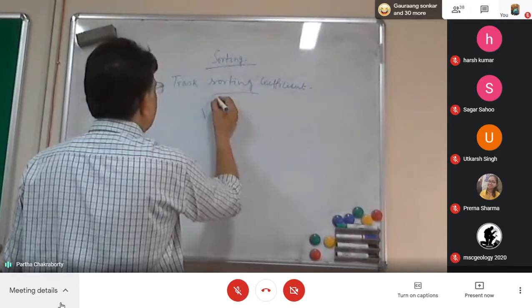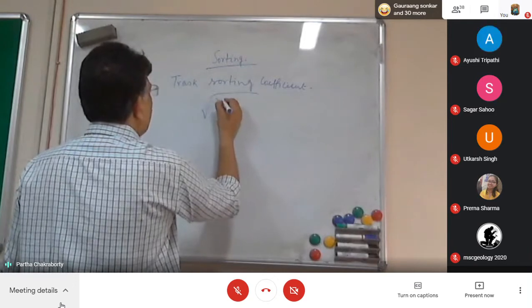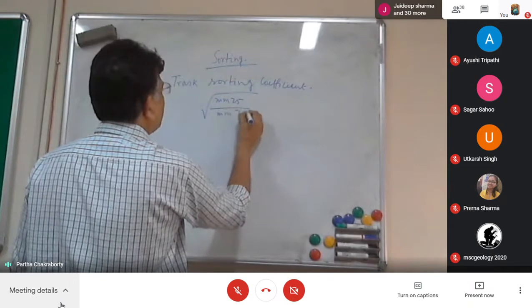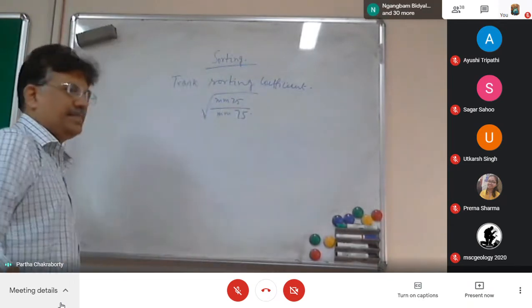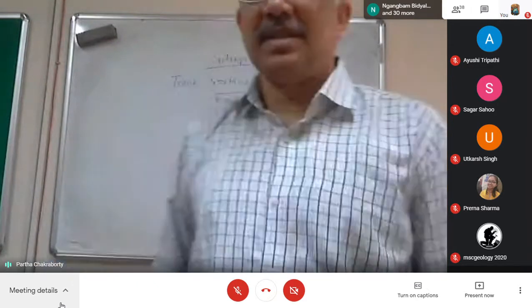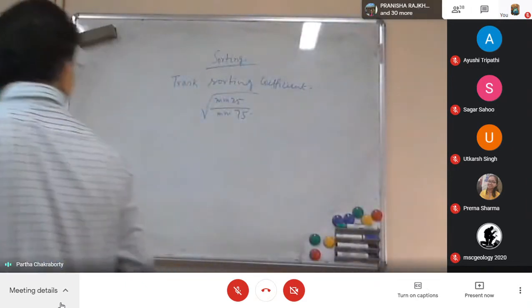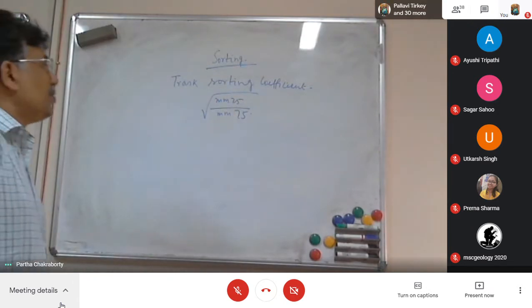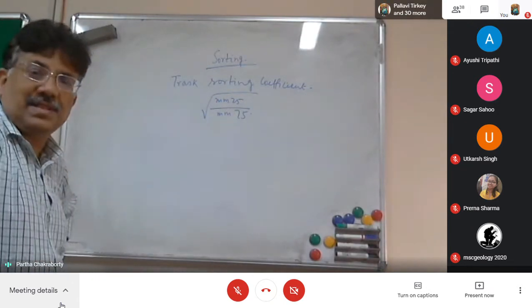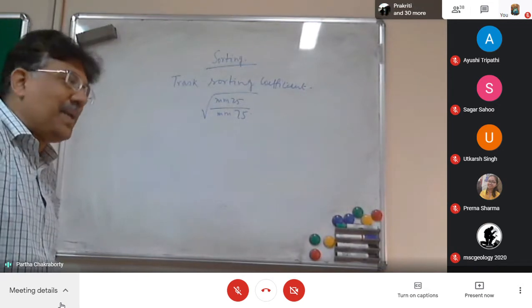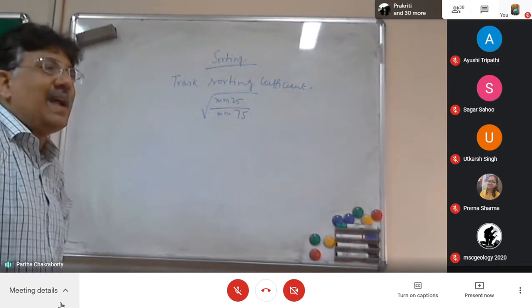Root over of mm25 by mm75. This was the formula given by Trask, and it is given in the millimeter scale, showing the relative distribution of the 25 mm and 75 mm.